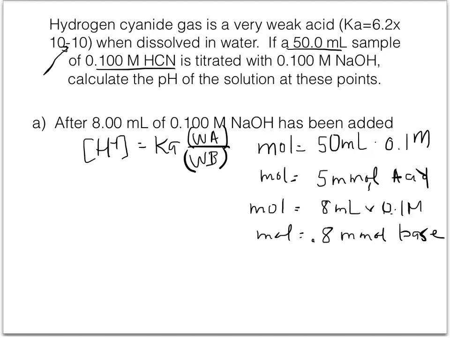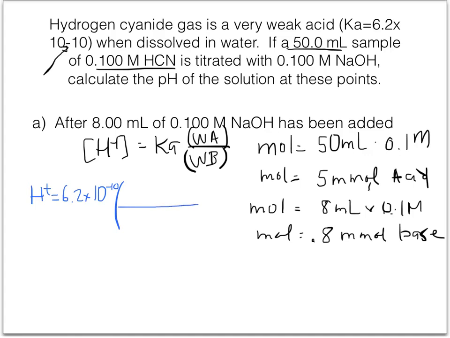Alrighty, so then what I'm going to do is I'm just going to plug everything into the buffer formula. So H plus equals, since they already gave us the Ka, we don't have to do anything, 6.2 times 10 to the negative 10, and this is where we're going to do some addition and subtraction.